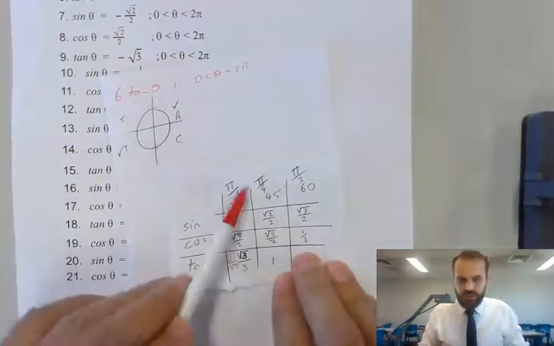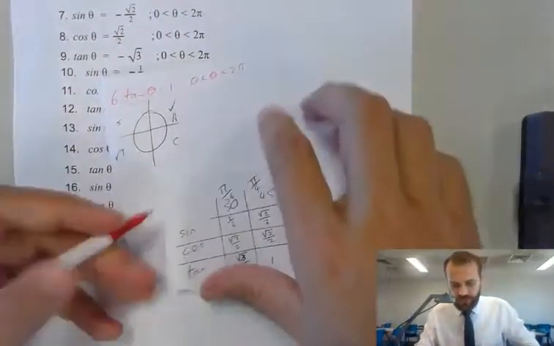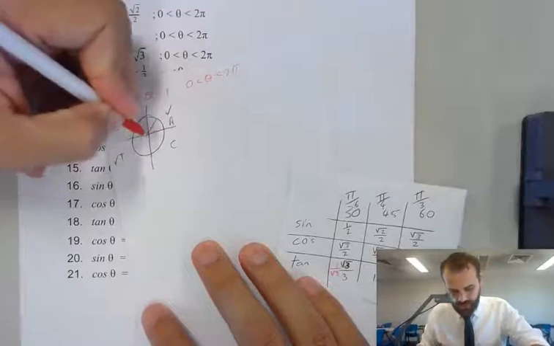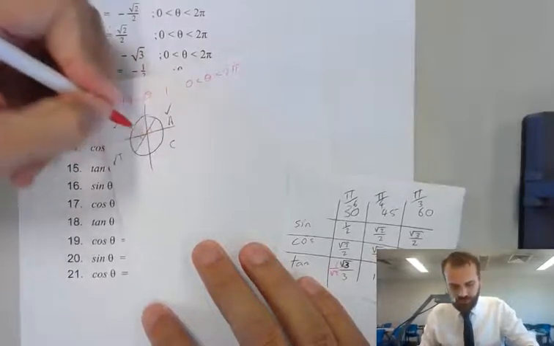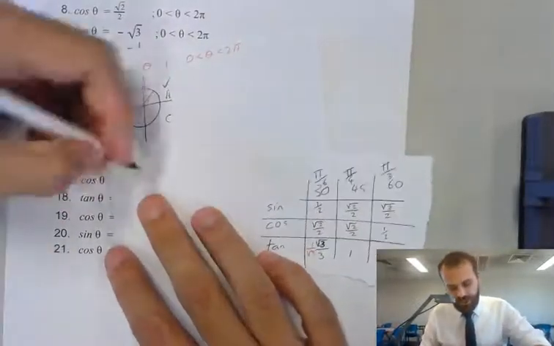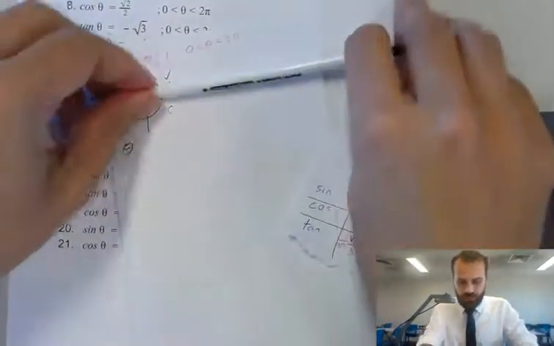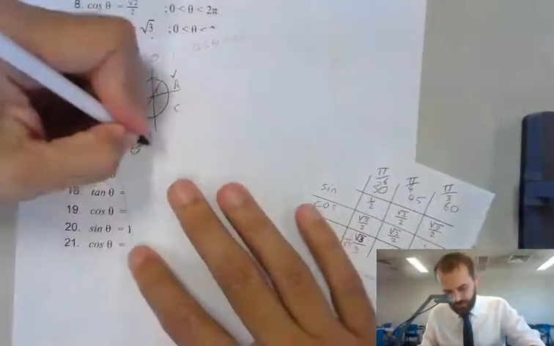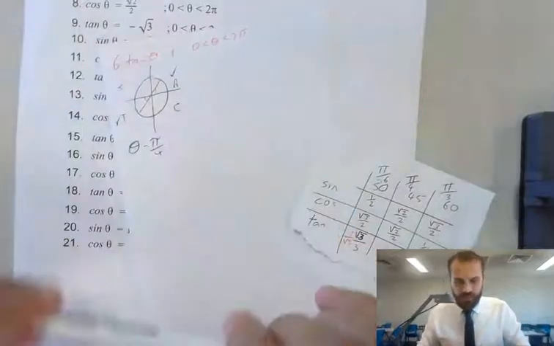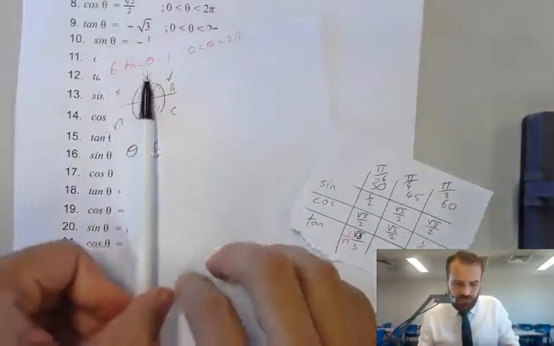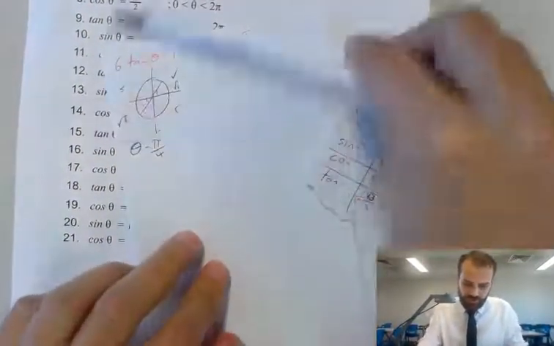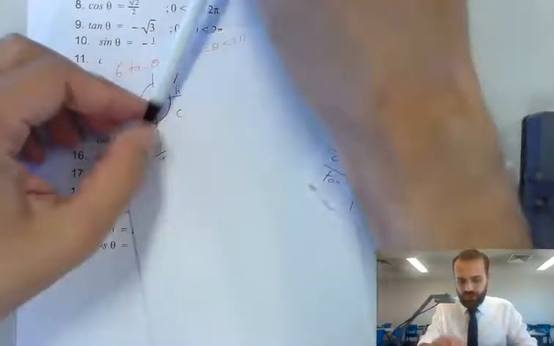Tan 1, that's pi on 4. So our answers for this one, theta equals pi on 4, and then 5 pi on 4.